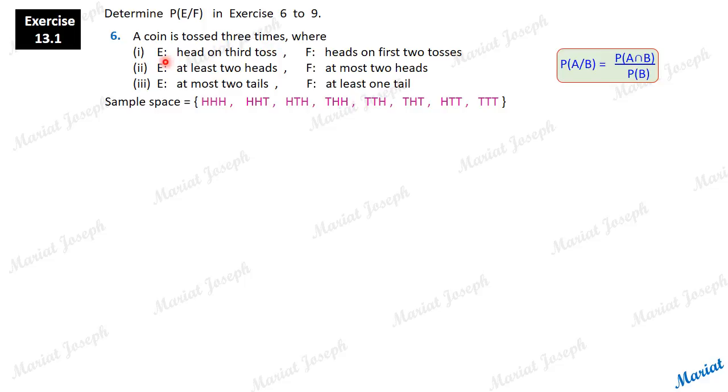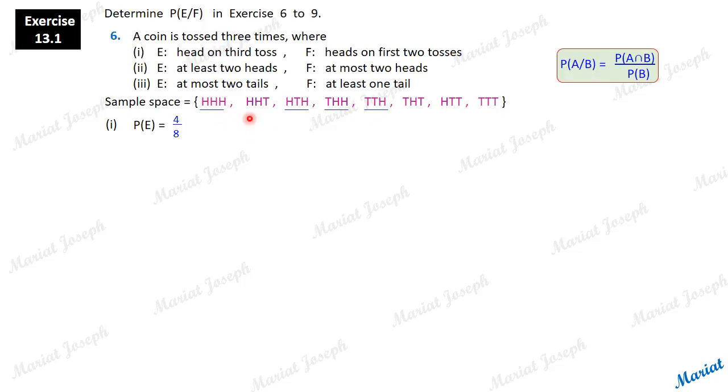Now, we are given one pair of events. Event E: head on the third toss. What does it mean? Which are the outcomes satisfying this condition, head on the third toss? Here it is head, here it is head, head, head in the third toss.